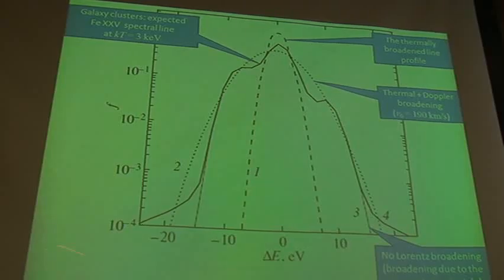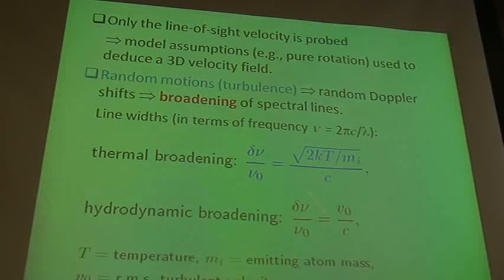Then I encountered this paper of Rashid Sunyaev and Inogamov, who argued that thermal broadening depends on the mass of the ion involved. For galaxy clusters, if it's a proton mass, for example, if we look at the emission of hydrogen plasma, this broadening will be much higher than the turbulent broadening, because the turbulence there is expected to be strongly subsonic.